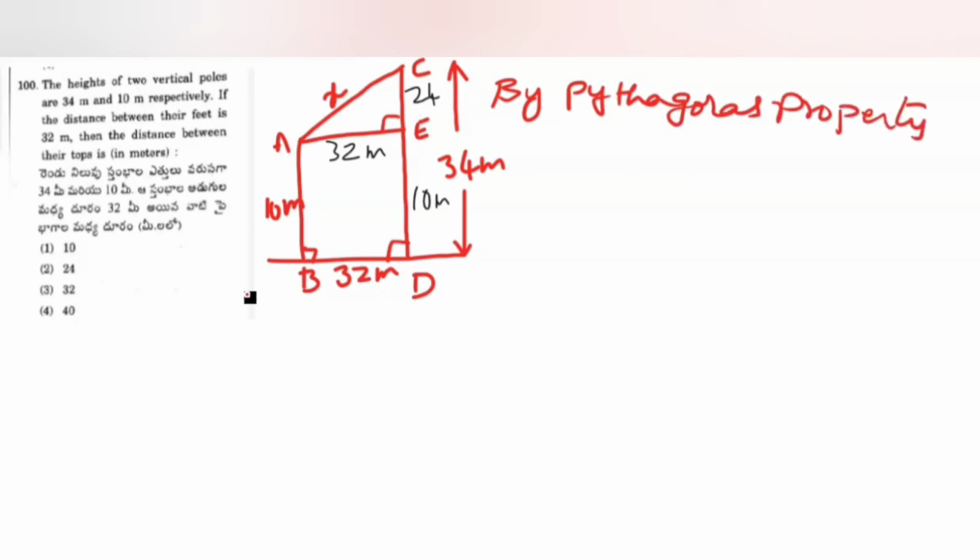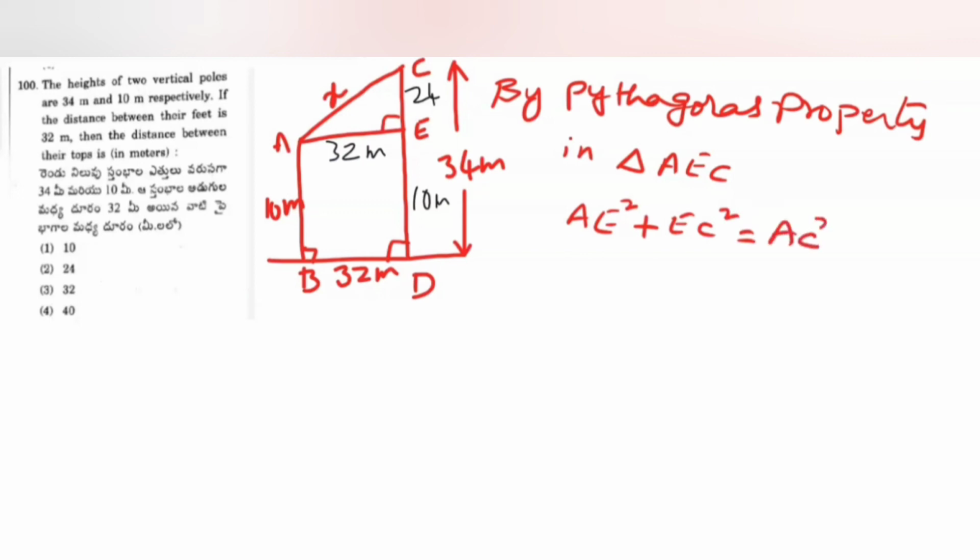So AE square plus EC square is equal to AC square. By applying Pythagoras property, you can easily find x square from this right triangle AEC. So by Pythagoras property, in triangle AEC, AE square plus EC square is equal to AC square.